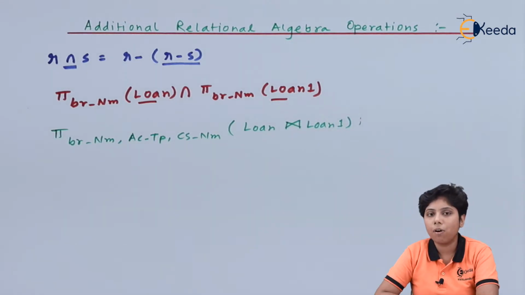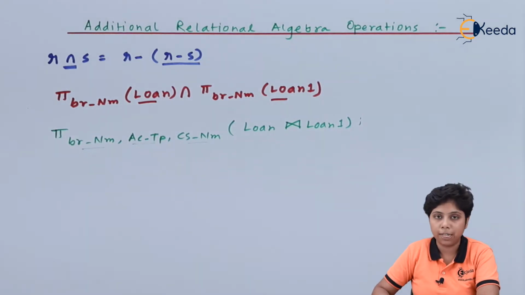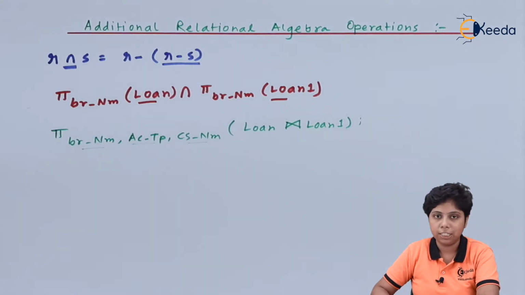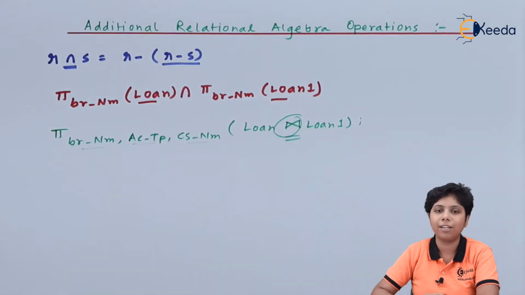This is our basic operation, where we are projecting the values of branch name, account type and customer name from the natural join of the loan and loan1 relations. See here, this is the representation of a natural join in relational algebra.